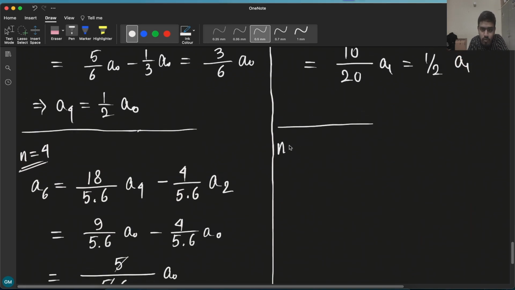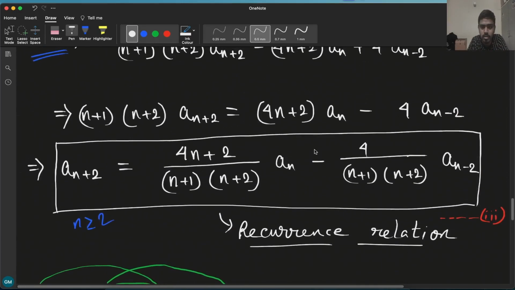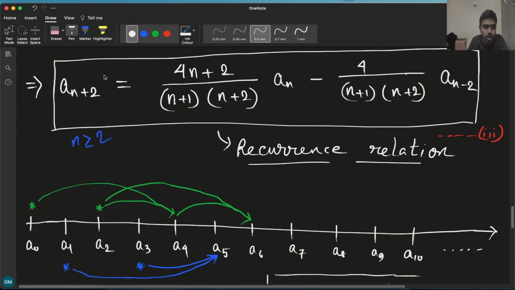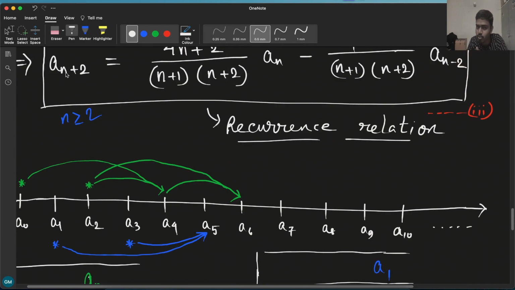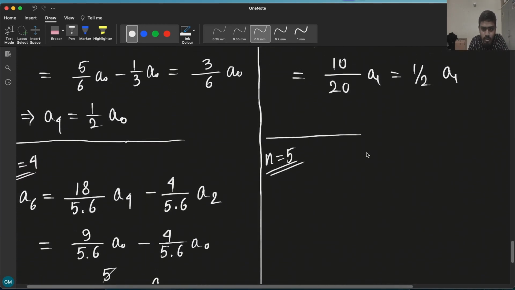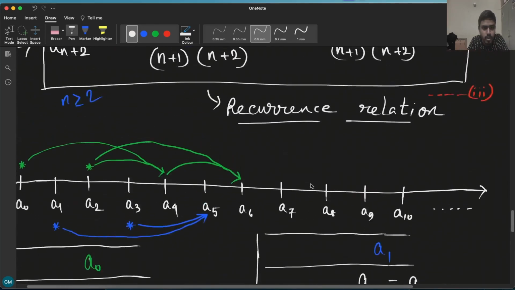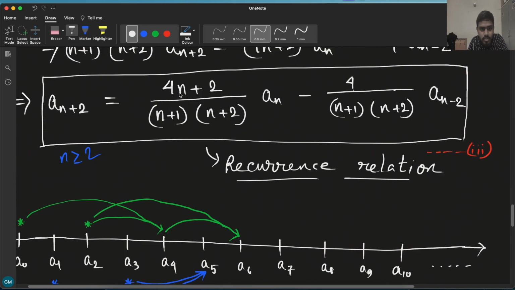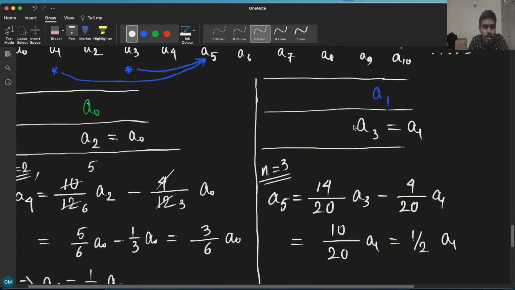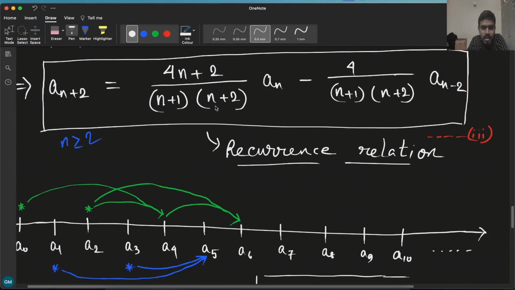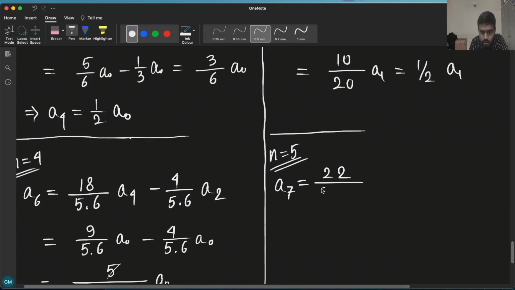Now if I put n equals 5 in this recurrence relation, what we will get is basically a7. So a7 equals 4 times 5 is 20 plus 2 is 22, so 22 divided by 5 plus 1, 6, and then 7, so 6 times 7, multiplied with a5, minus 4 divided by 6 times 7 a3, right?